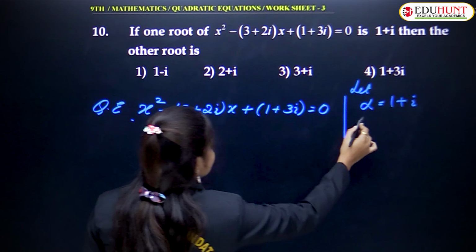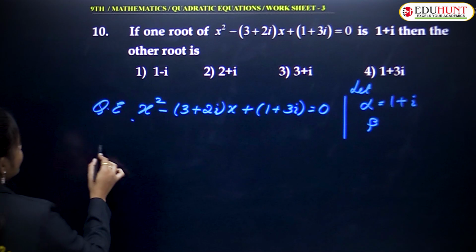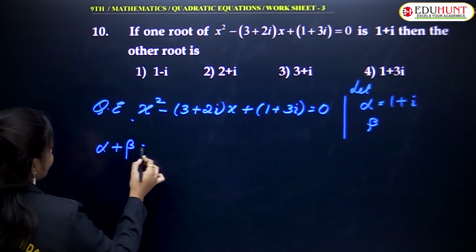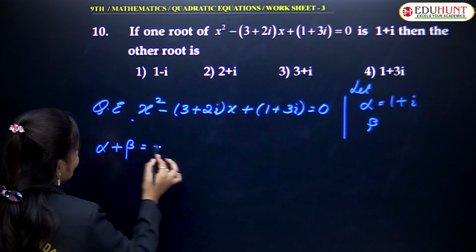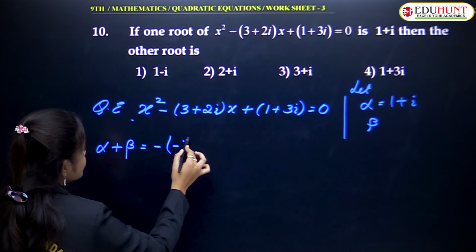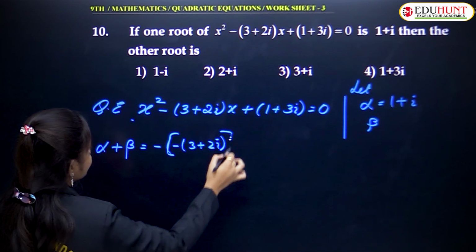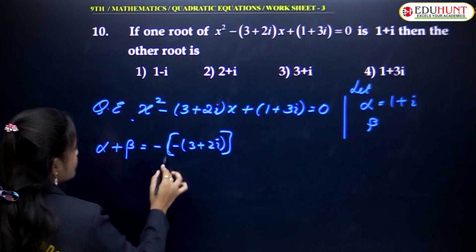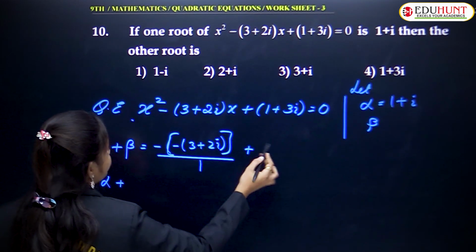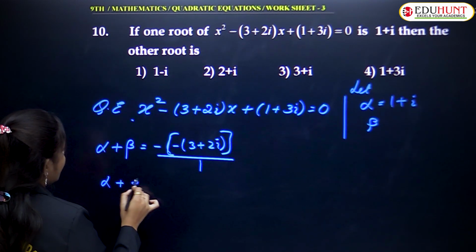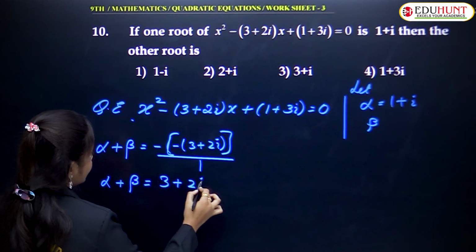So another root is beta. Here alpha plus beta is equal to minus b by a. So minus of minus (3 plus 2i), by a means 1 only, so no need to take that. So alpha plus beta is equal to 3 plus 2i.